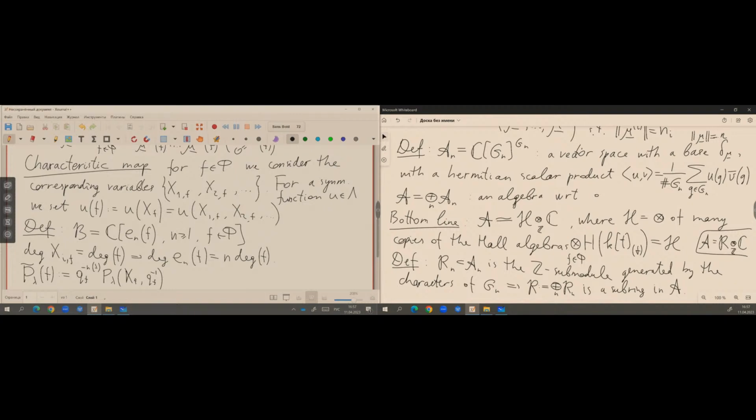Well, recall that q_f is q to the power degree of f, so it's the cardinality of the residue field of this discrete valuation ring.